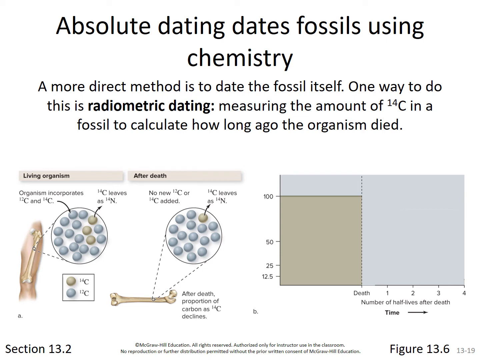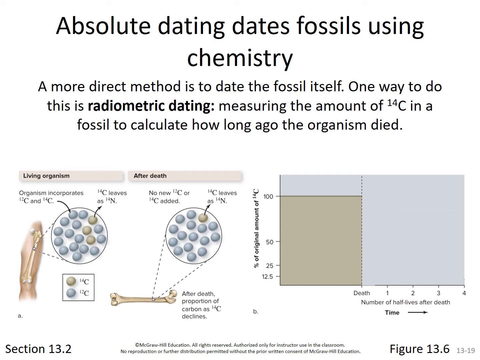Now, of course, if you're not taking in new carbon 14, the proportion of 14 carbon declines. So if you take a look at the graph on the right side, first of all, that axis is the percentage of the original amount of 14 carbon. 14 carbon gets formed in the upper atmosphere in CO2.